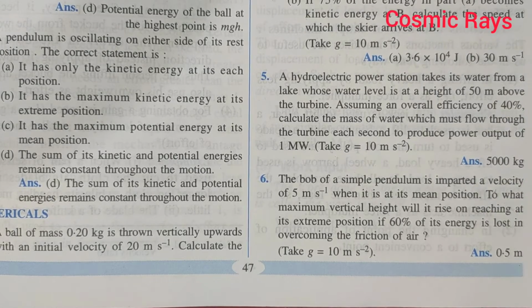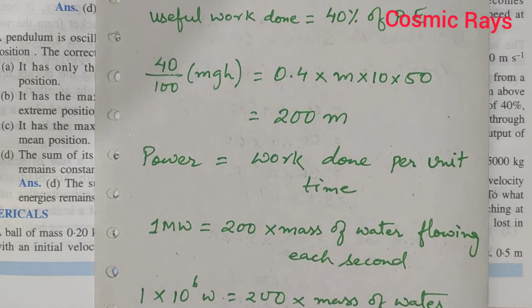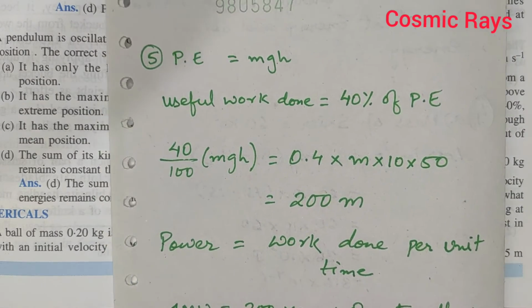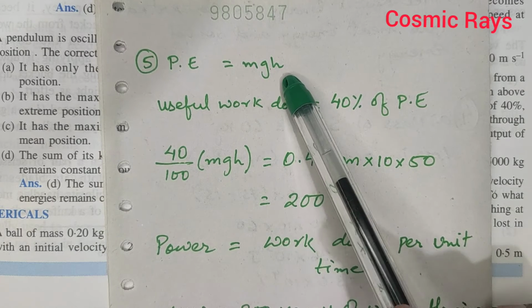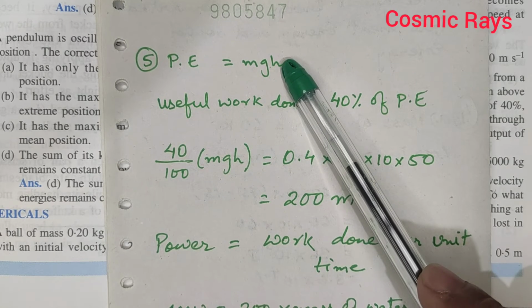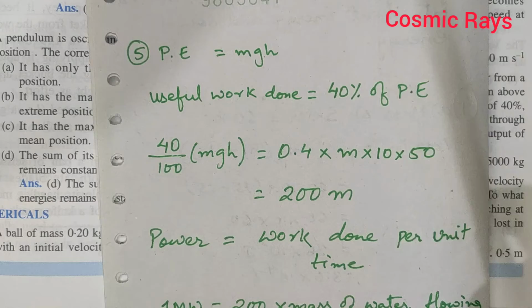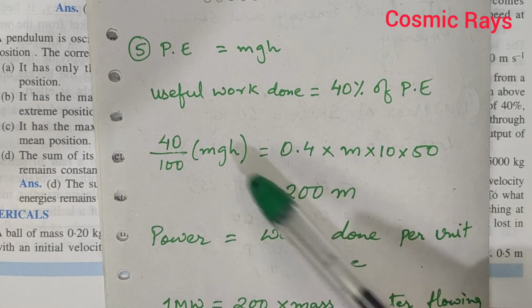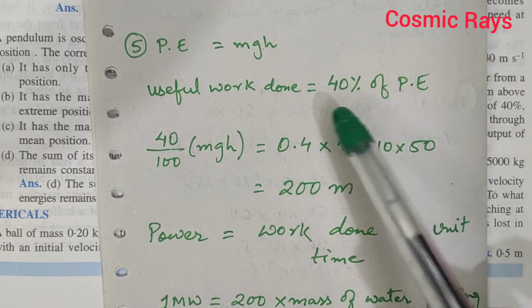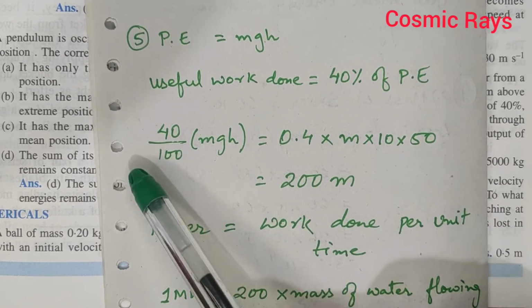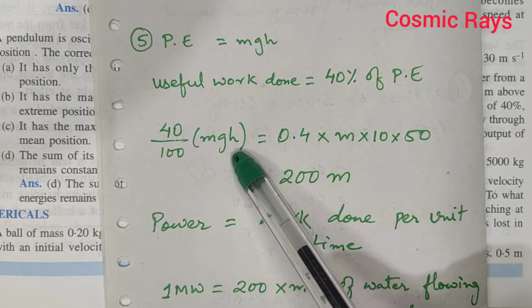So here the potential energy, we know that it's given as mgh, that is mass multiplied by acceleration due to gravity multiplied by the height. So useful work done is 40% of the potential energy. 40% of potential energy means 40% of mgh.